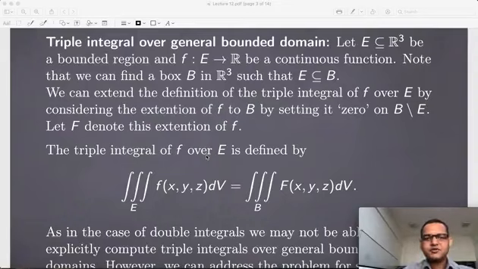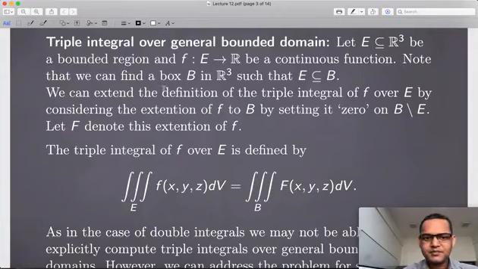So we take a bounded region in R3, because we are talking about the triple integral, and we have a nice continuous function so that we can talk about the integral. Now this region is bounded, so we can put it inside a box, because you can find a box big enough to have this E inside it.